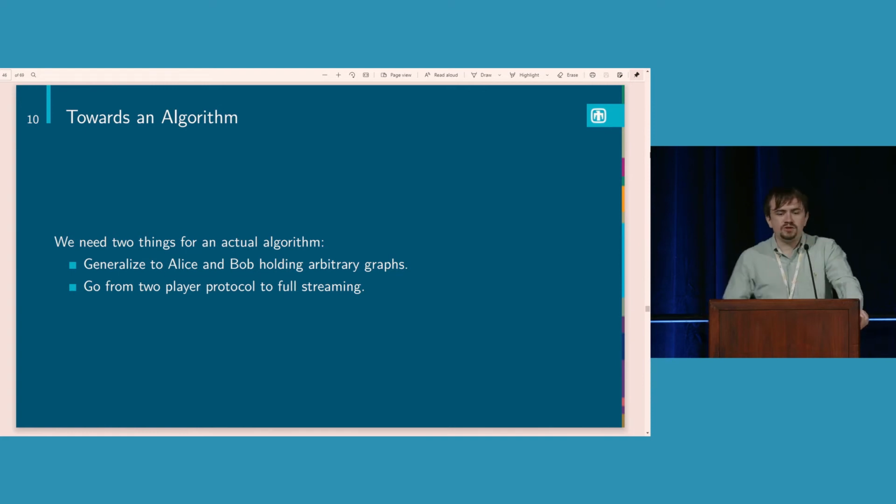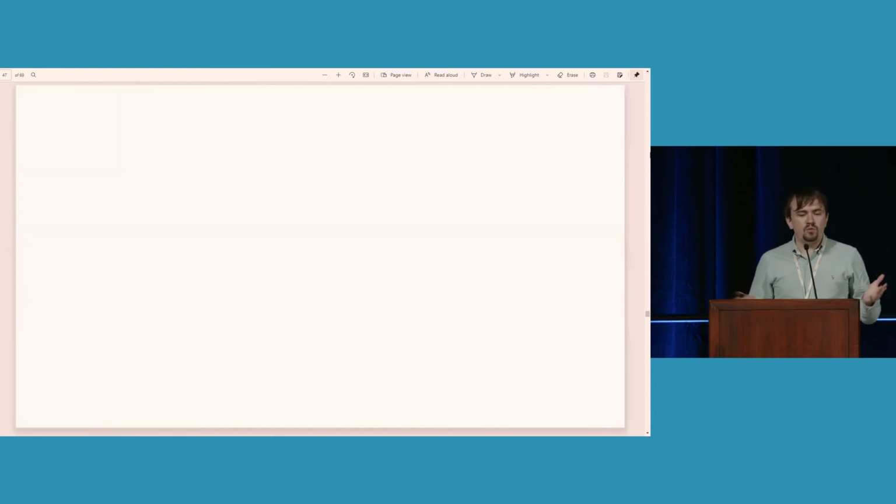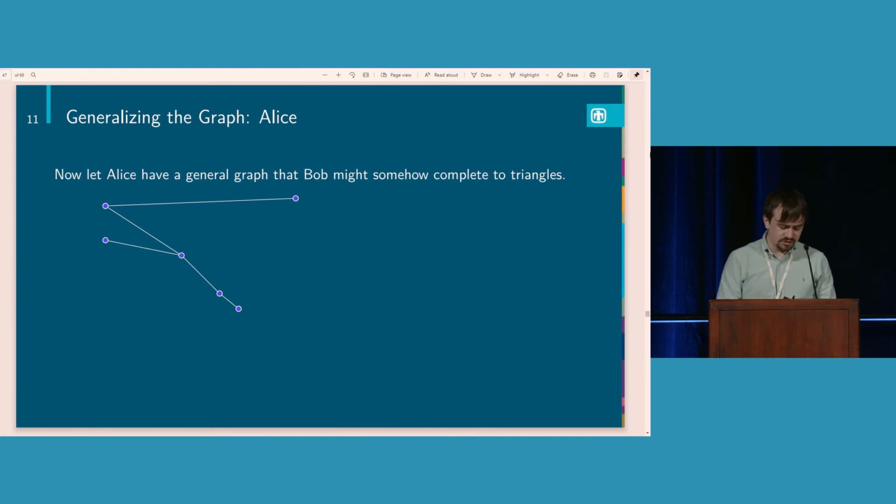And we'll start with the first one, going in alphabetical order: what happens when we generalize Alice's input. So now, instead of a star, Alice has a general graph, but Bob still has a matching, and that matching maybe completes certain wedges, that is, two-edged paths in Alice's graph, into triangles.